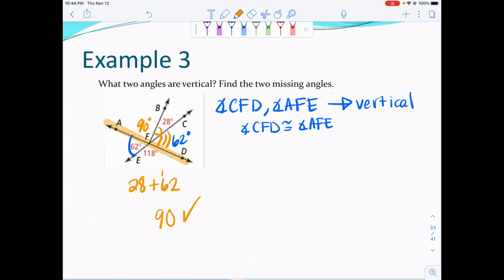And because that's a straight angle, I'm going to simply subtract 180 minus 90, and that's going to give me 90. And that is why this angle here is also 90 degrees. All right, I hope that helps.